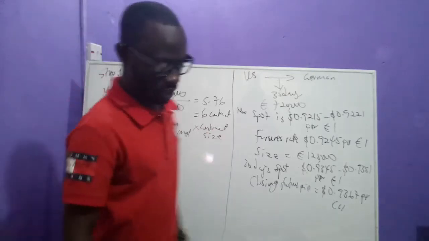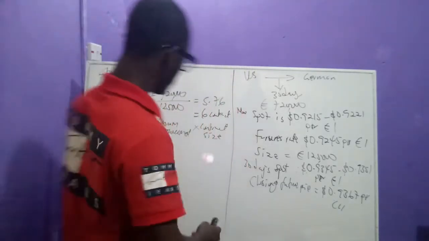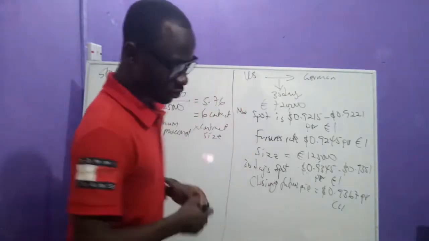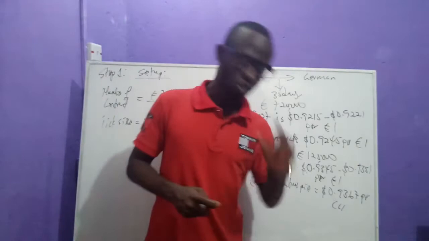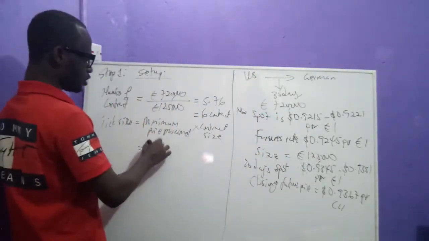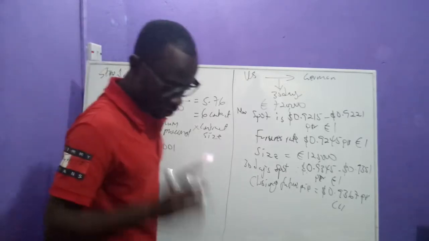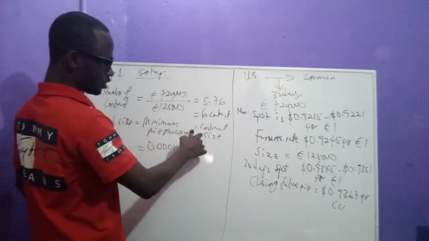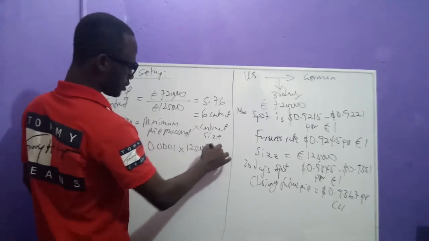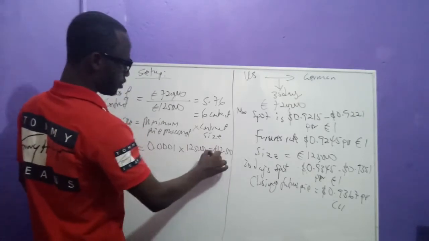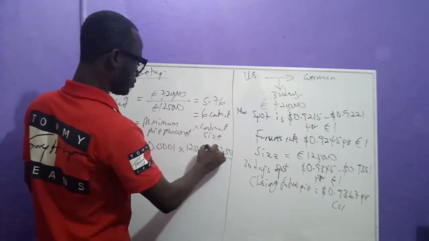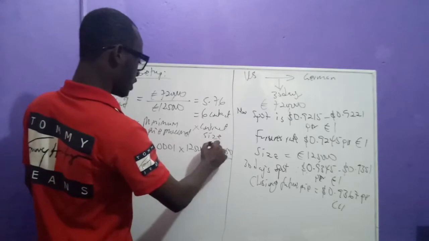So what is the minimum price movement here? Remember, the tick is the 4th decimal place. So the minimum price movement is 0.0001 times the contract size, which was 125,000, and that gives us 12.50 euros. That's going to be the minimum or the tick size.